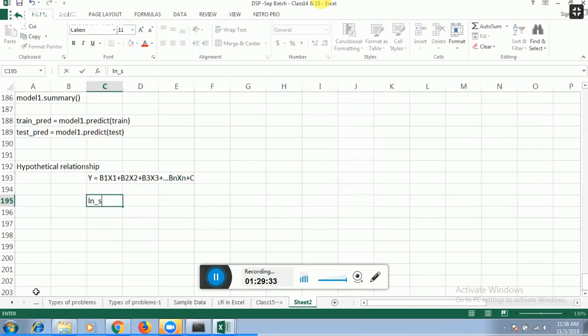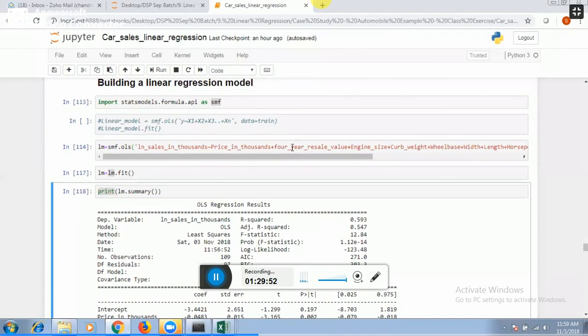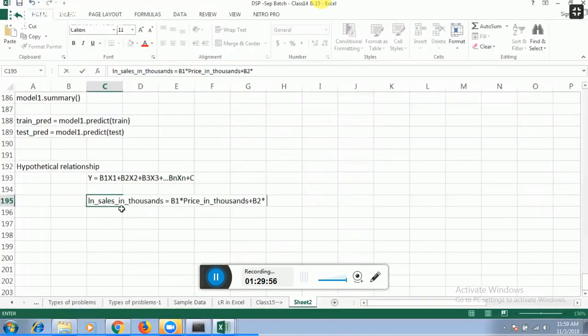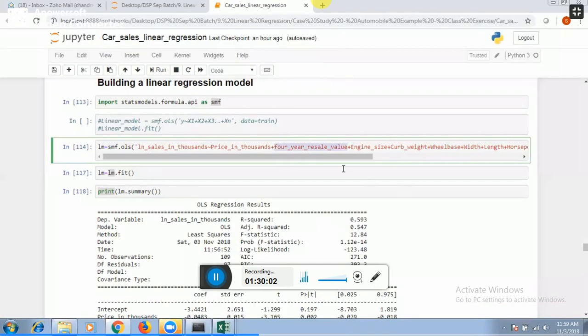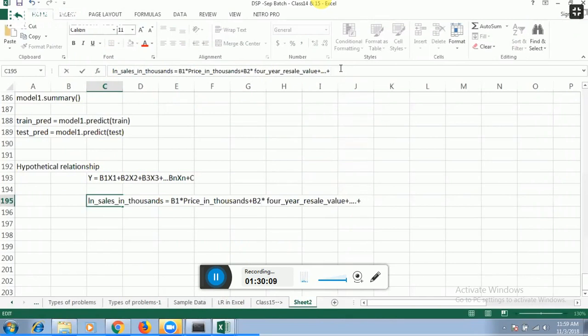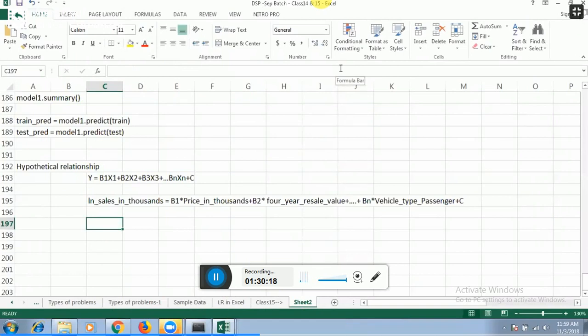Log sales in thousands equal to beta 1 times price in thousands, plus beta 2 times, what are the variables I used, price in 1000, 4-year resale value, plus and so on, plus beta n times the last variable, vehicle type passenger, plus constant. Correct? This is the equation we created.